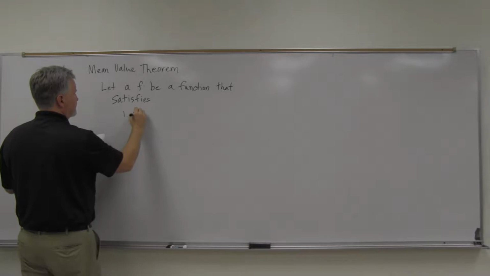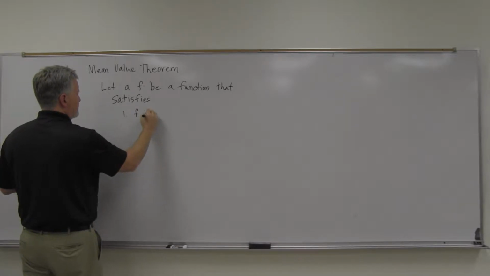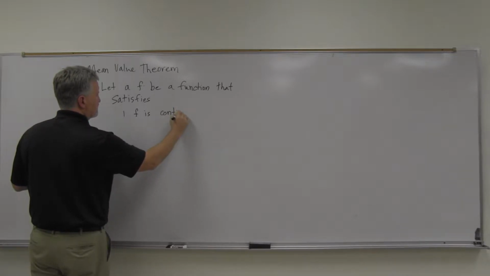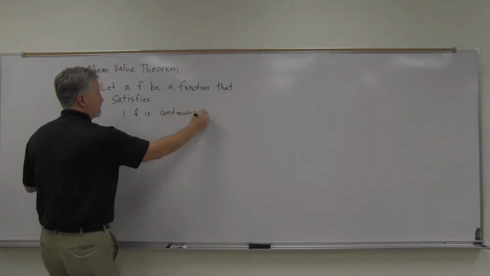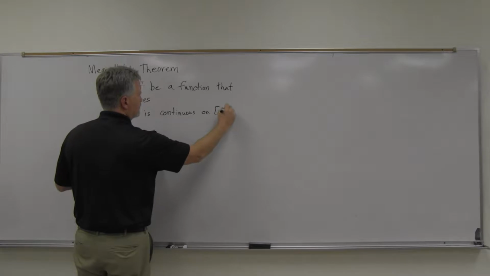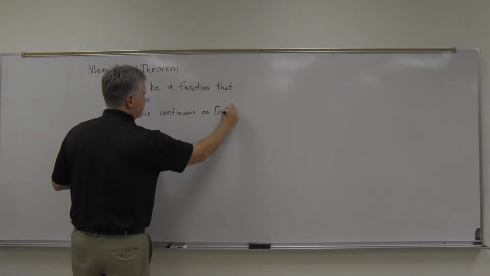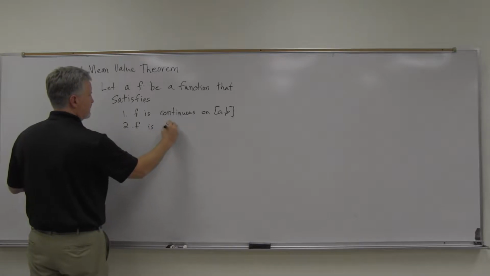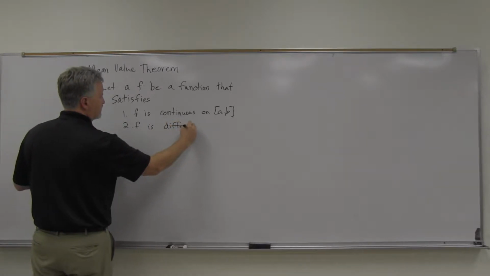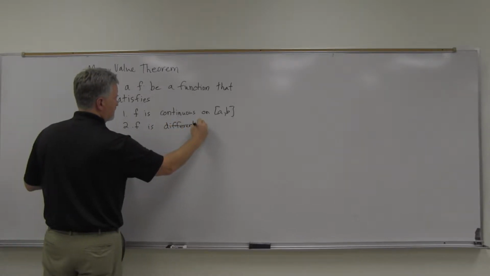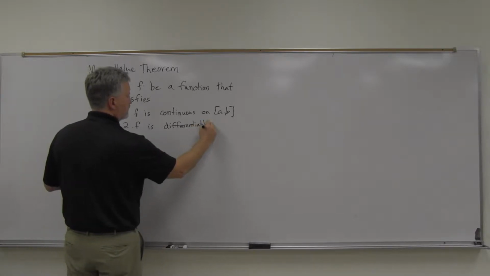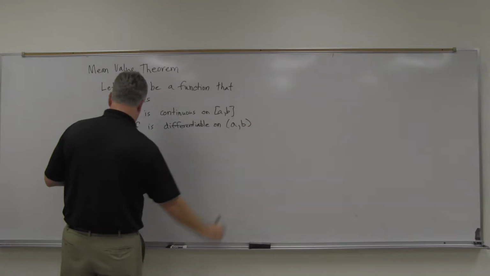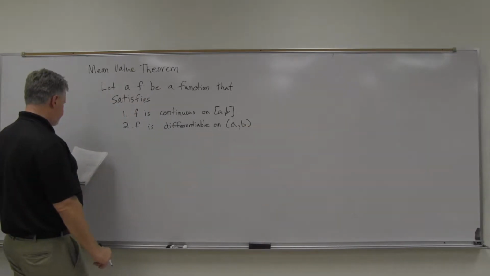Number one, f is continuous on [a, b], and two, f is differentiable on (a, b), open, not including the endpoints.